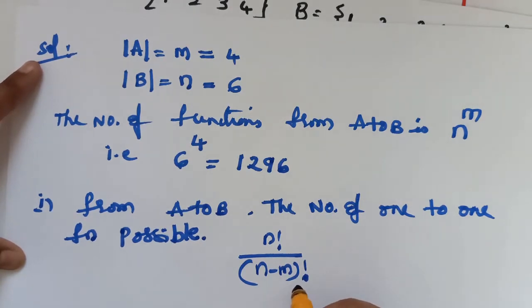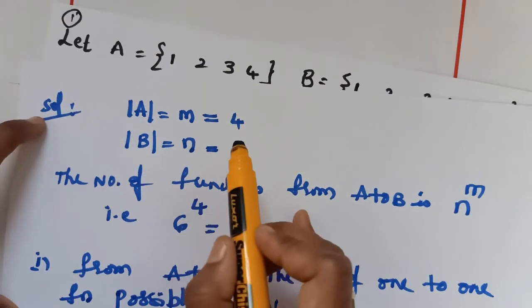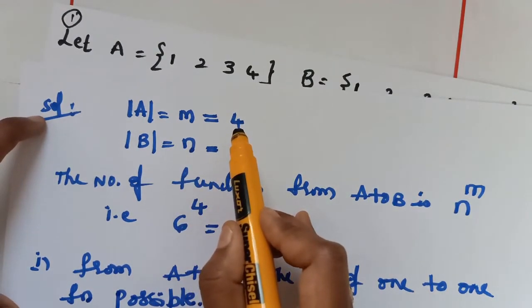This is the case when M is less than or equal to N. See, here M is 4, N is 6.